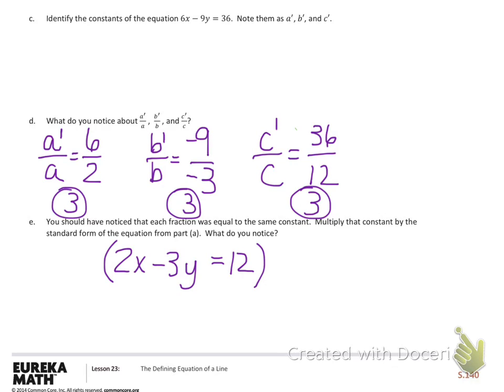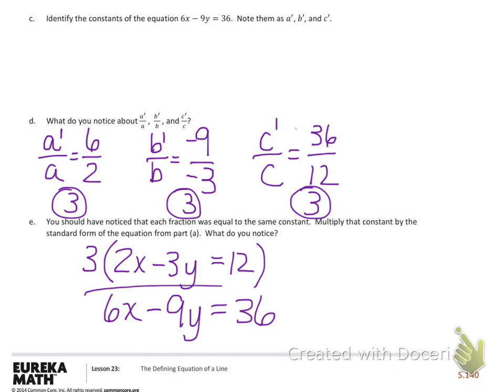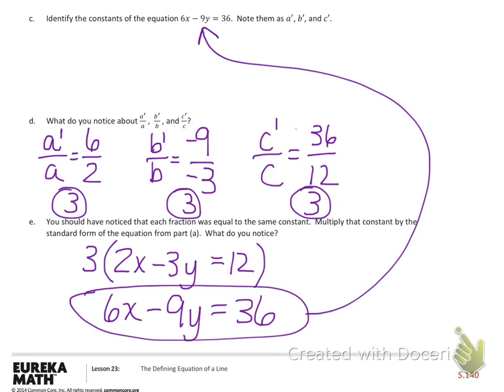If we multiply this entire equation by that constant of 3, we're going to get the equation 6x, 3 times 2x is 6x, minus 9y is equal to 36. 3 times 12. So this equation exactly matches the other one that it graphed like.